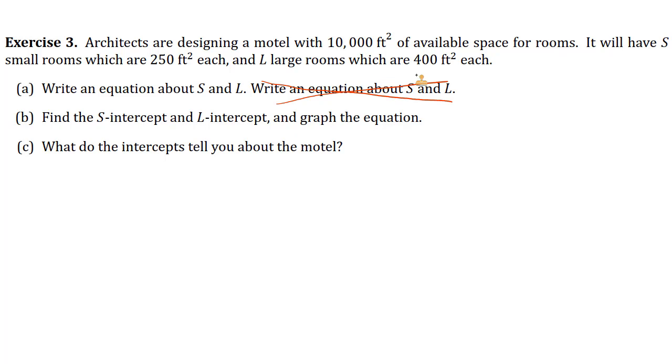The trick here is the space taken up by large rooms and small rooms together. If you have S small rooms and they're 250 square feet each, then you can do 250 times the number of small rooms.